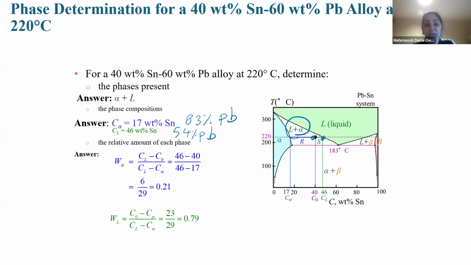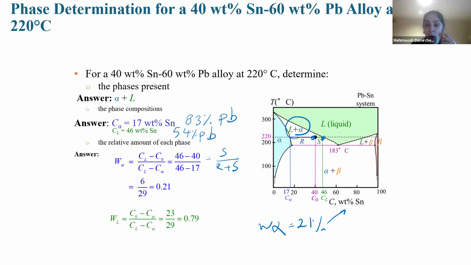But how much are the weight fractions of the alpha and of the liquid? For weight fractions, we use the lever rule. Which side is far from the alpha? S, divided by the total, R plus S. Substitute here, 21%, and for liquid 100 minus 21, which is 79. It means we have 21% alpha, because we have two phases simultaneously, liquid and alpha.